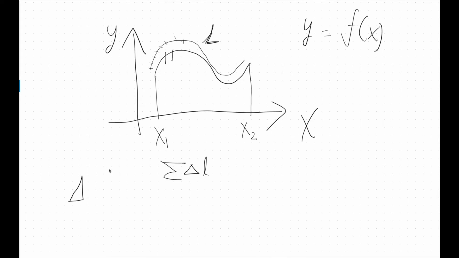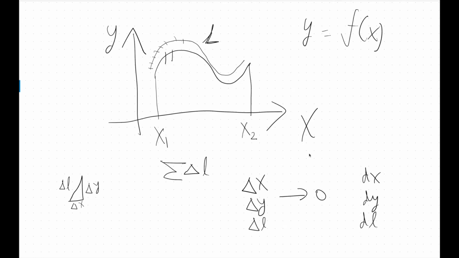This is a tiny little part and this one has the length delta x, delta y, and this one has the length delta L. Now we'll keep it that delta x, delta y and delta L all tend to 0. So delta x is equal to dx, dy, and delta L is equal to dl.